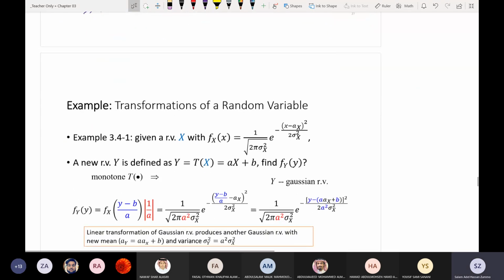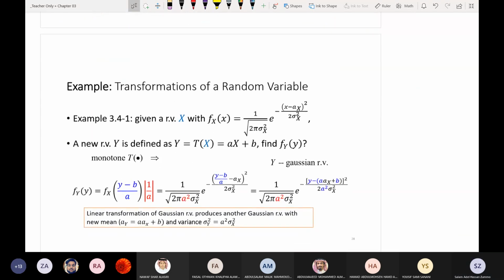Let's have an example. What do we have here? We have a Gaussian random variable. So a PDF that looks like this, with mean mu_x and variance sigma_x squared. وتذكر الجاوسيان random variable كان كده شكل PDF. So this is a Gaussian random variable.